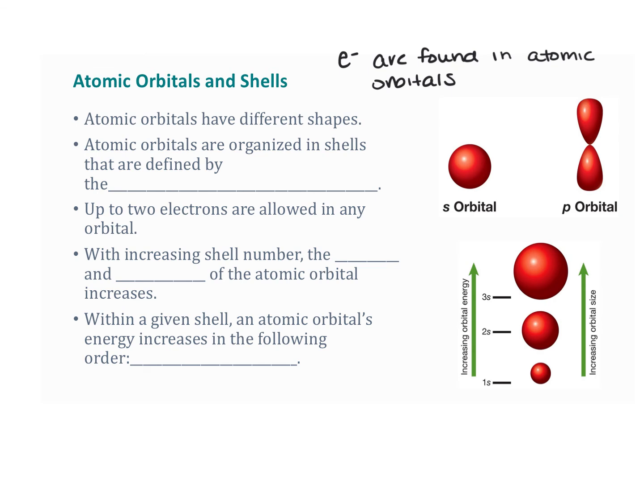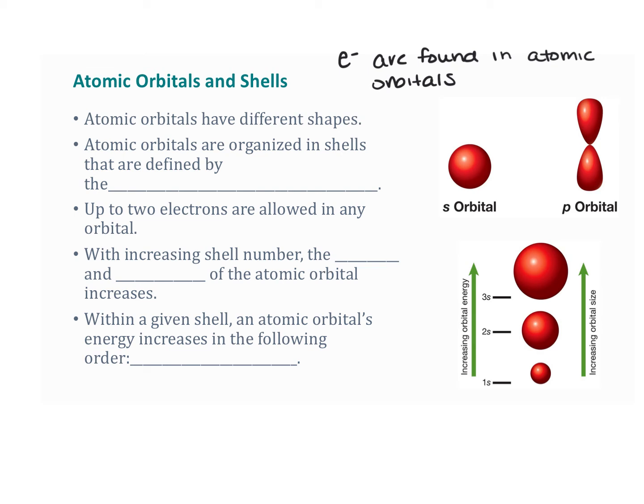What we also know is that the exact location of an electron can't ever be pinpointed. But an orbital describes that region of space where the probability of finding a given electron is really, really high. So we can say with high probability that we can find an electron in a space.